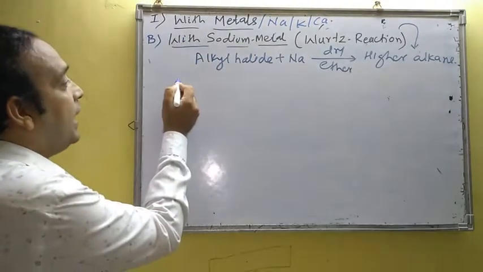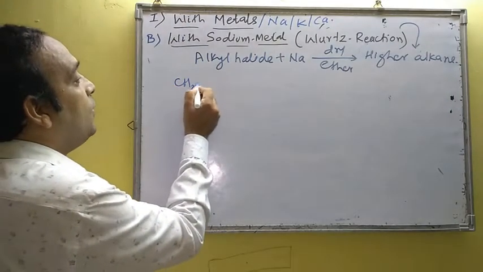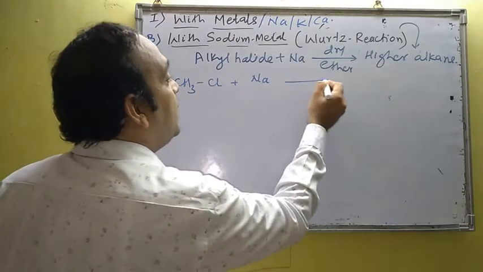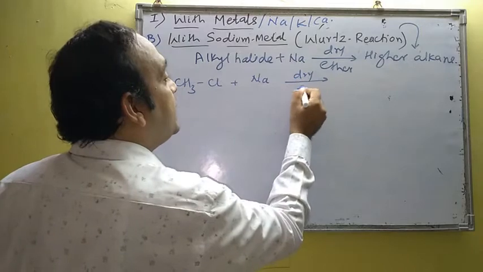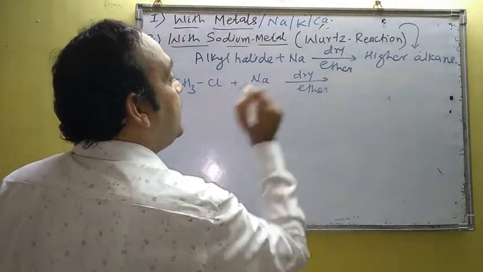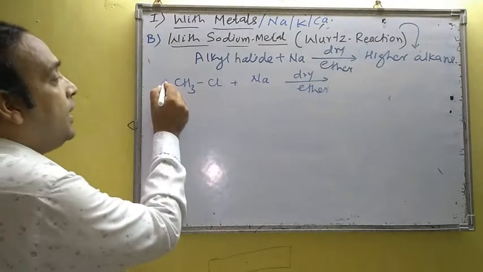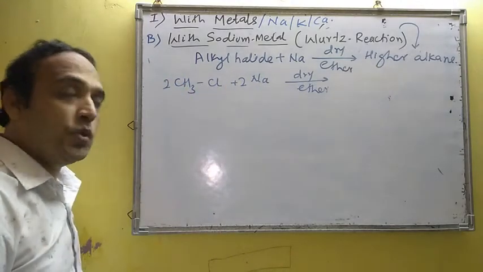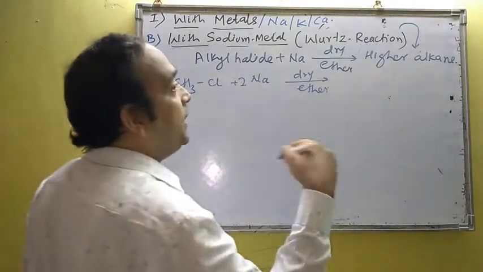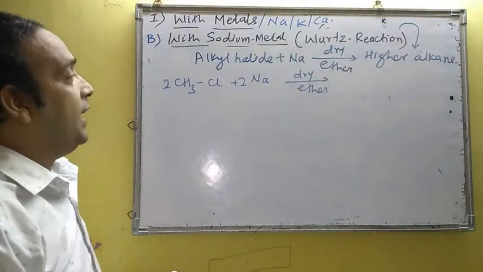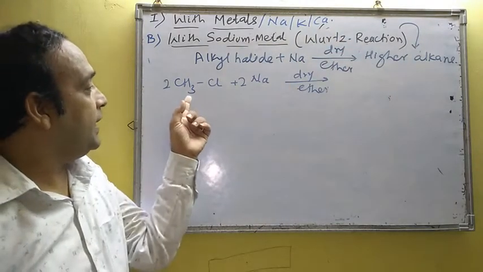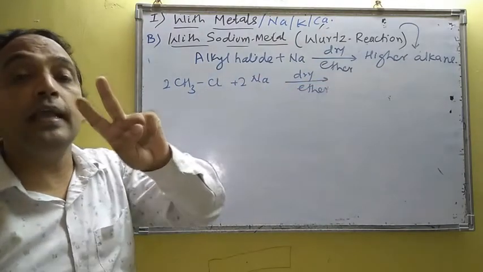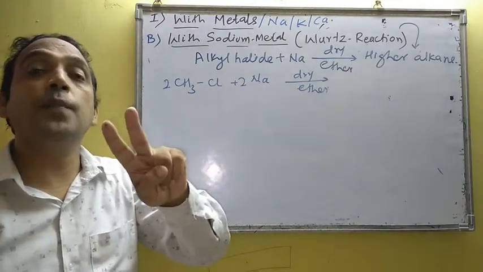For example, I am writing here methyl chloride reacting with sodium metal in dry ether. Here methyl chloride reacts with 2 sodium metal and converts into a higher alkane. Methyl chloride contains how many carbons? 1. So how many carbons will be in my product? 2 carbons, and 2 carbons means which alkane?